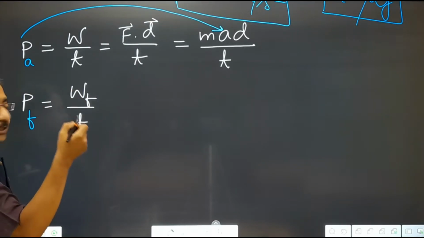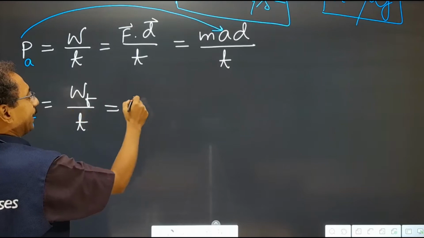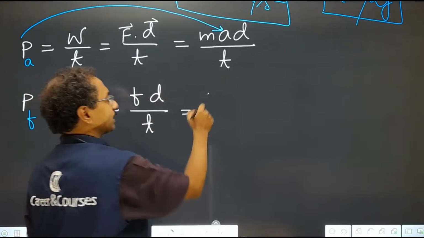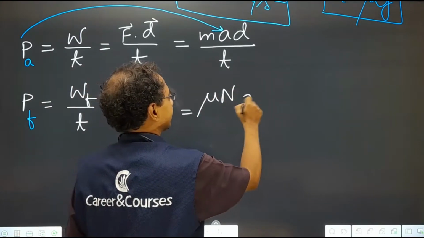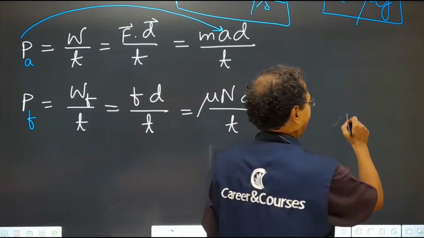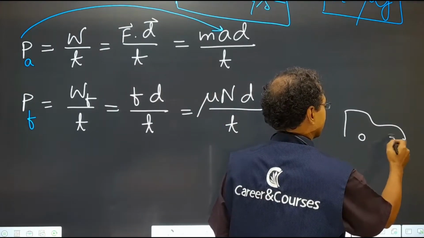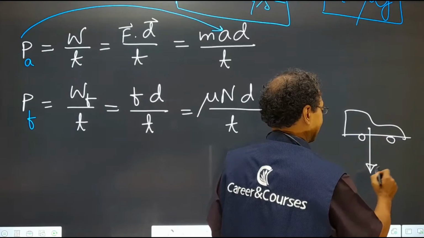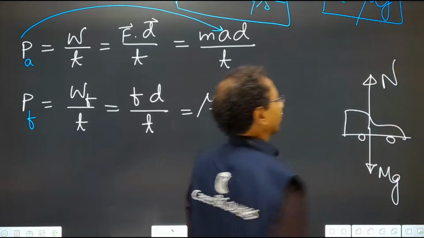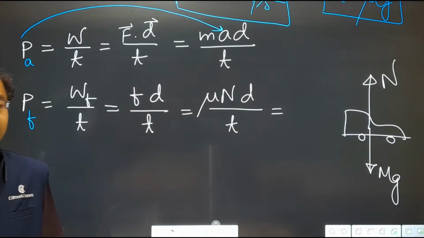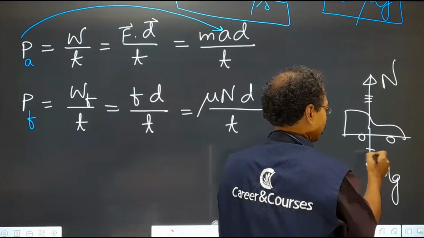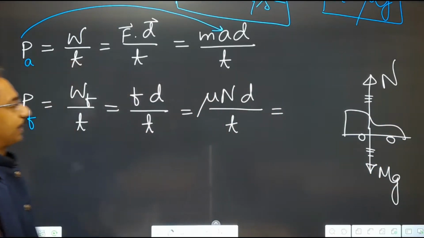Rate of doing work is known as power. Frictional work means friction force into displacement by time. Friction force means mu into normal reaction force into displacement by time. If this is the car, the weight of the car acts vertically downward, and the normal reaction force must act upward, perpendicular to the surface. So this normal reaction force should balance the weight of the car.